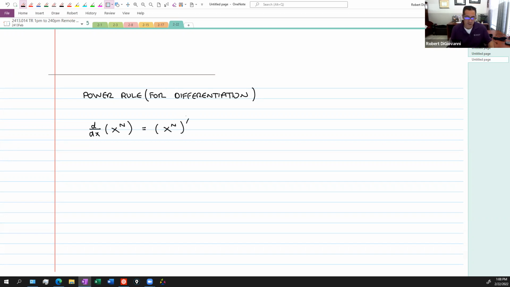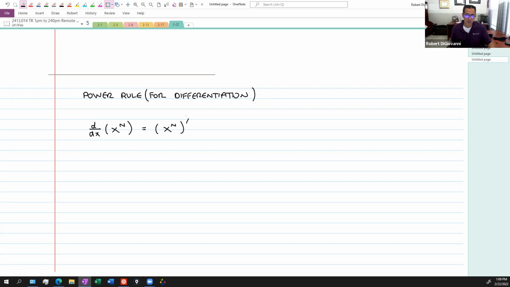X squared would look a certain way, x cubed would look different, x to the 4th would look different. And actually, that n can be any power. It can even be a fractional power, like x to the 1/2 or x to the -2. So I can't show you a picture and visually convince you of what's happening here. We have to do this algebraically, which makes it much more difficult.